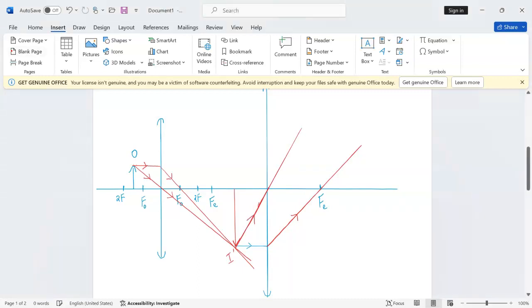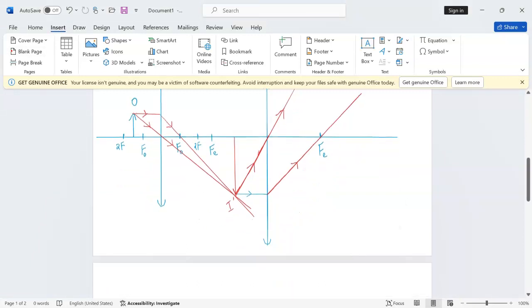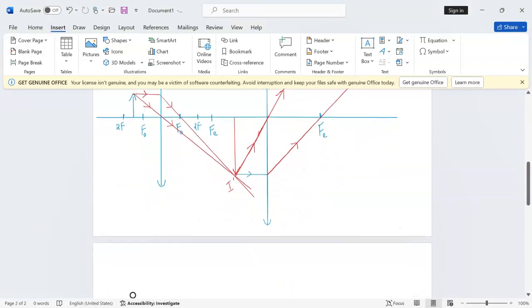After it passed undeviated, we can see that the rays can only intersect on the same side as the object. So we're going to draw dotted rays beyond the image. We will have the rays intersecting somewhere.